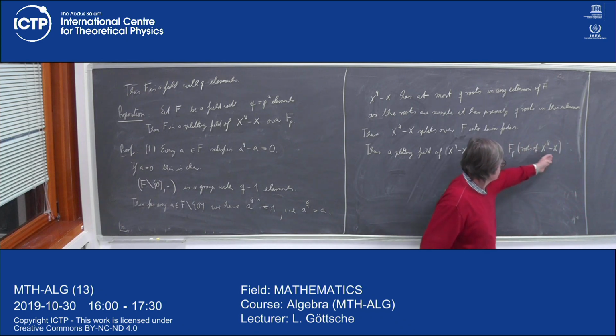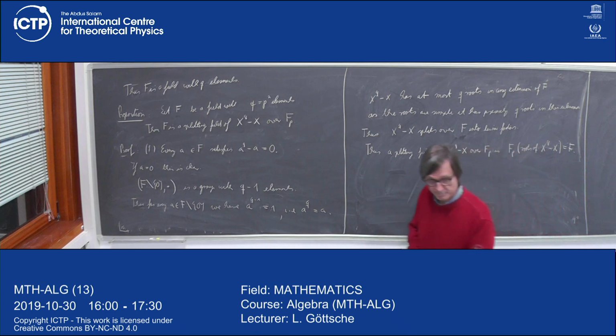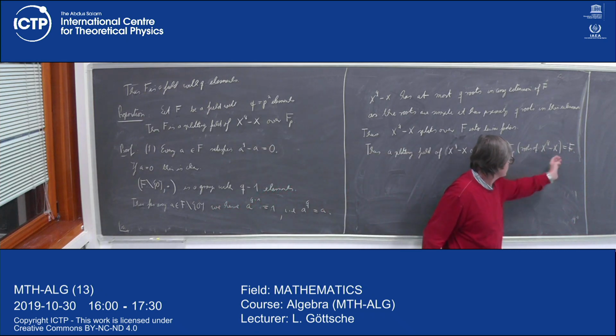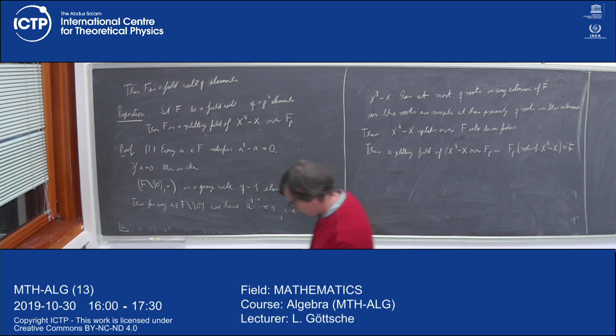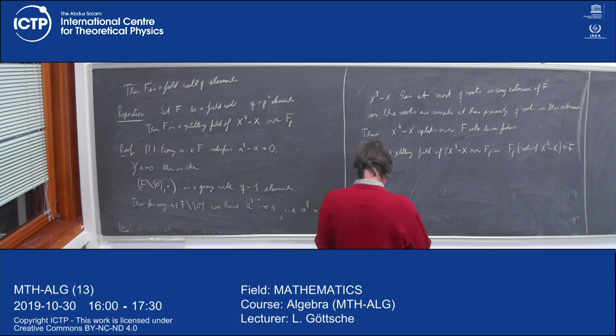But these roots of the polynomial are precisely F itself. Because F consists just of the roots, and it contains F_p. So that's that. So thus this is a splitting field.